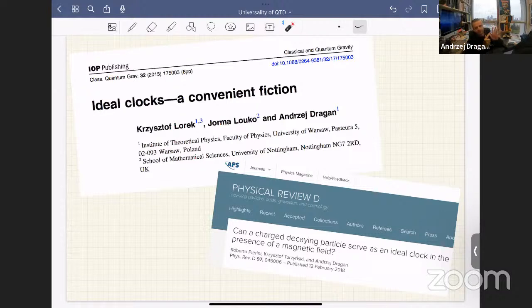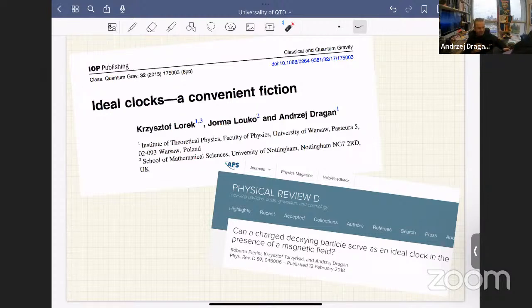When you have one photon, for example, in one frame of reference, you will have one photon in another frame of reference. The number of photons does not change under Lorentz transformations. However, when you accelerate, and when you consider two observers, one of them being inertial and the other being accelerated, the situation changes.